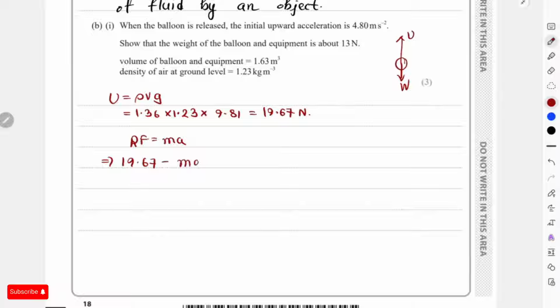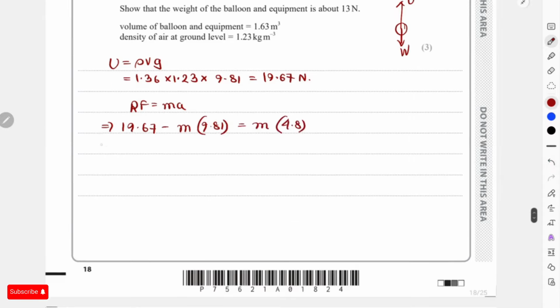So we can write mg is equal to m. g is also known to you, which is 9.81, and a is also known to you, which is 4.8. So what you can do is take every mass together, which is 9.81 m plus 4.8 m is equal to 19.67. 9.81 plus 4.8, you just add those together.